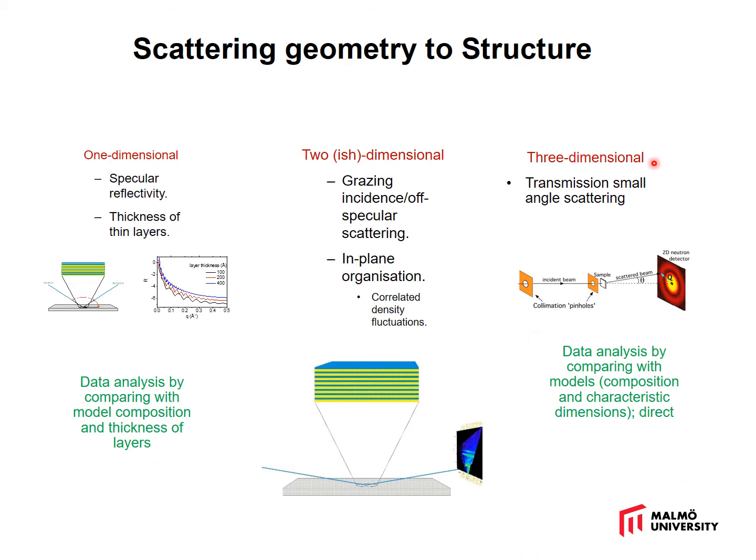Transmission SAXS, where you put a sample in a collimated beam and look at the angular dispersion of that beam as an analytical technique, will have been covered by Felix. And what we're interested in this talk is the grazing incidence geometry.